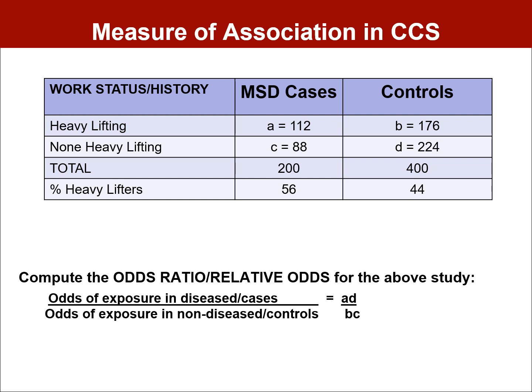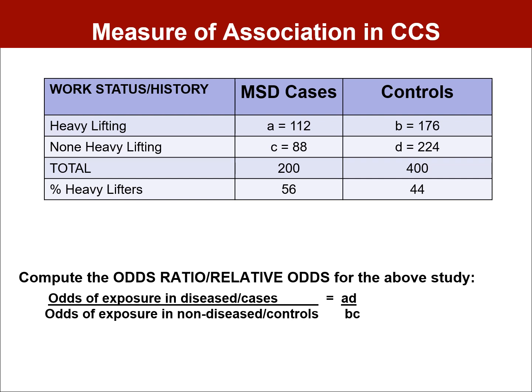Here's an example. Here we're talking about musculoskeletal diseases. This is what MSD stands for in this scenario. And we're looking at work history or work status. In this case, the exposure is heavy lifting, so people who work in a role that requires heavy lifting.